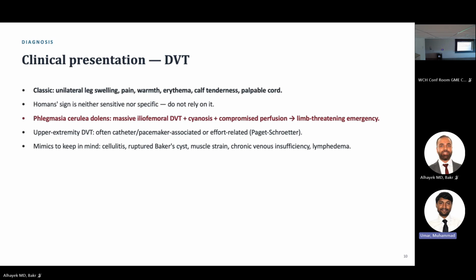If someone comes to you with unilateral leg swelling, pain, erythema, tenderness, and sometimes you see a cord, then sometimes there's something called Homan's sign. What is Homan's sign? So this is Homan's sign.